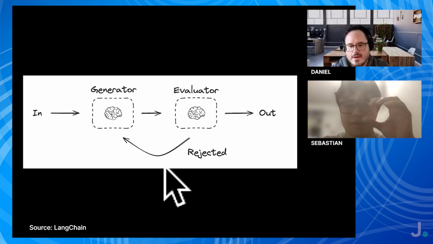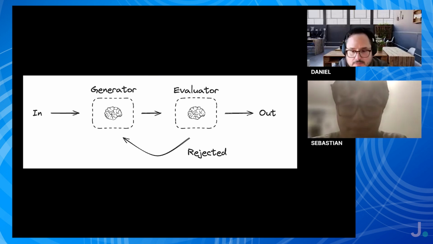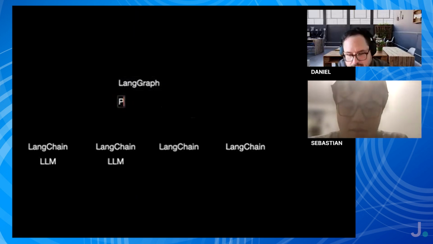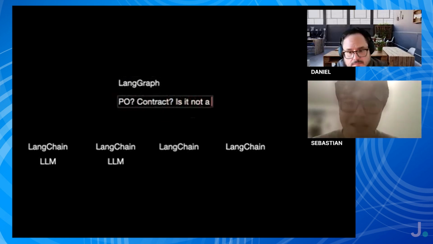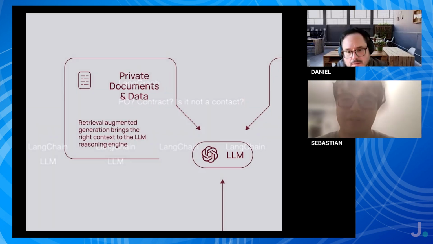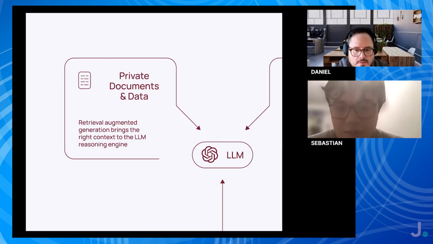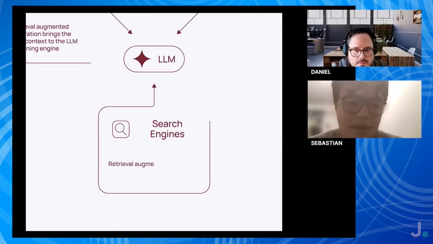I see. So then LangGraph is figuring out what to do first. Is it a PO, a purchase order? Is it a contract? Yeah, a simple way to see it is LangGraph provides all the infrastructure, but at the end, all the decisions are made by an LLM. Got it.